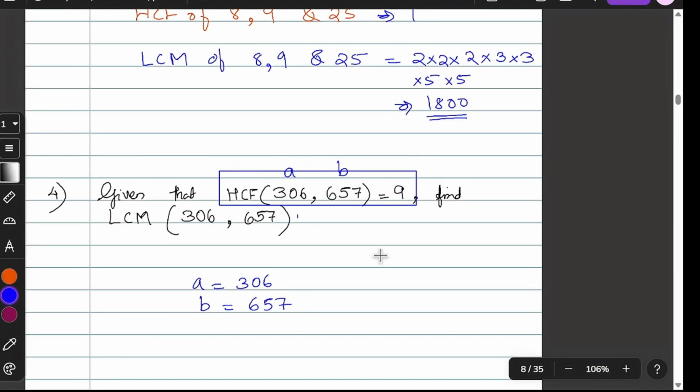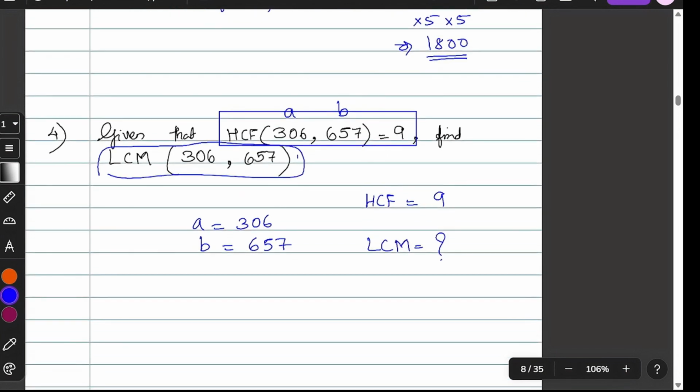That means the HCF of A and B is equal to 9, and what we have to find here? We have to find the LCM. Clear? So LCM is the one which we have to find here. What is our equation?